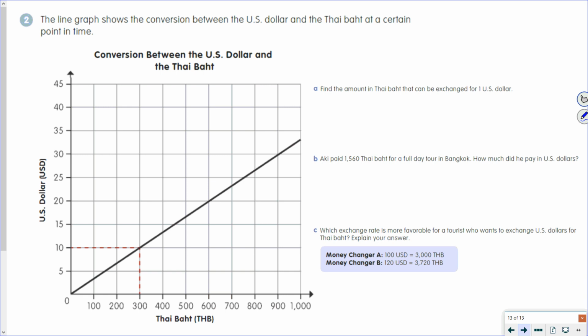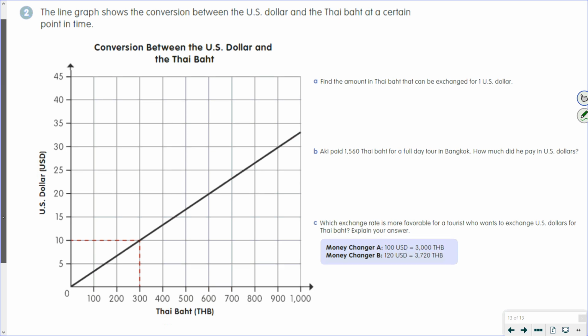All right, and our final one here. Go ahead and pause the video. Resume when ready. All right, so you should be ready to go. Okay. So we want to find the amount in Thai baht that can be exchanged for $1 US.